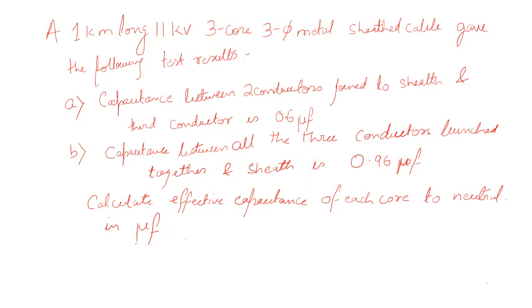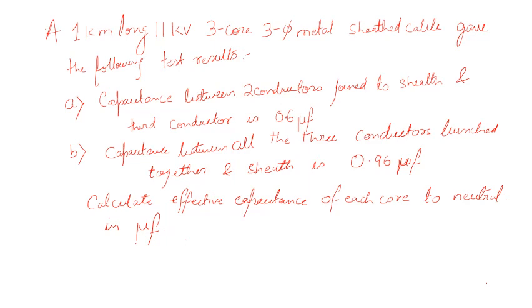In the last lecture, I discussed how to calculate the capacitances of the sheath or of the cables, and in that I discussed two types of experiment we used to do.